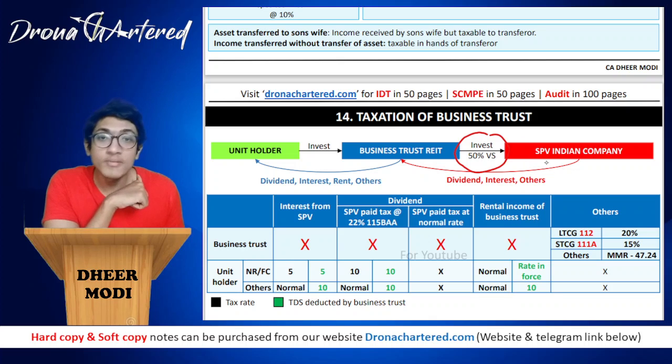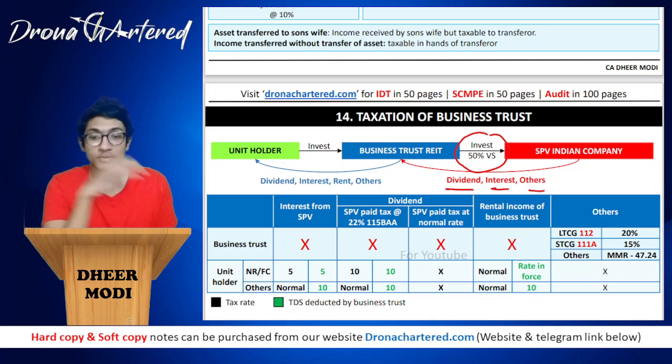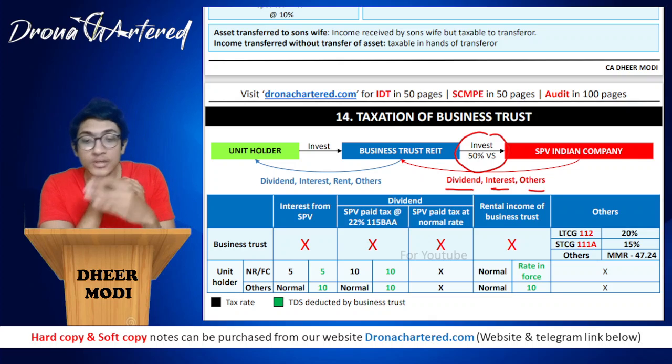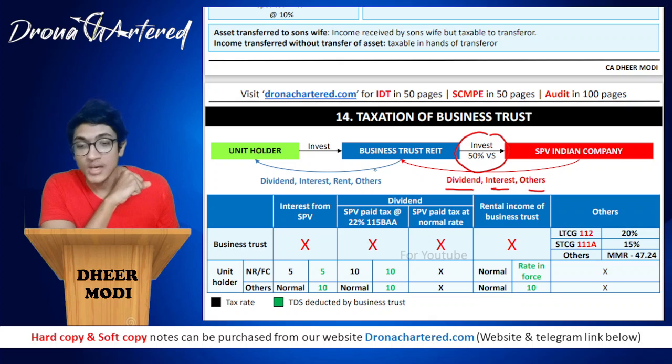Now your SPV, your Indian company, gives this business trust dividend, interest, and any other income. The income that is transferred to your business trust, which invests in your SPV, and the SPV in return gives dividend, interest, and any other income. Now your business trust itself has a business with regards to rent, so it earns rent income.